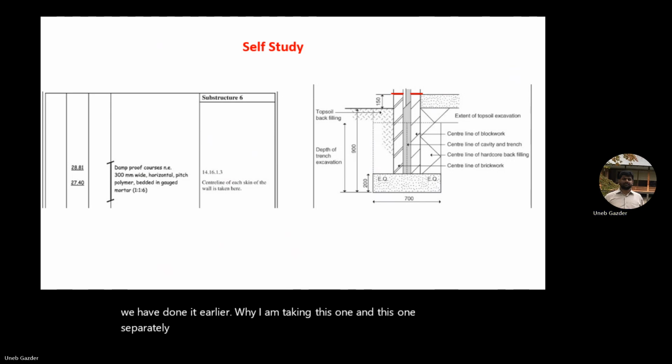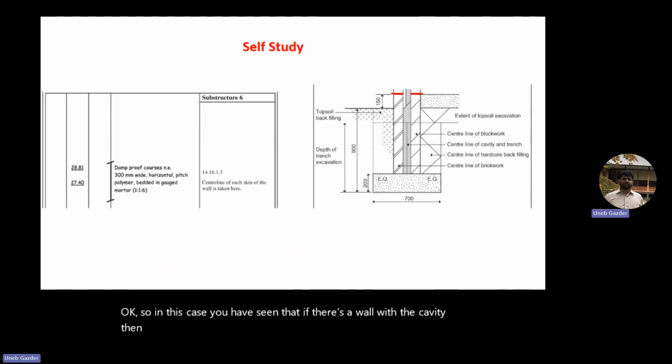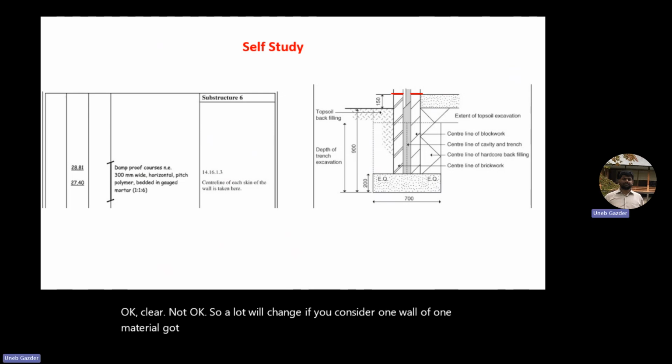Because of the cavity. If there was no cavity, I can make this whole as one. So in this case, if there's a wall with a cavity, then the calculations will be different. The block work is different, the brickwork is different, the cavity is different. Clear or not? A lot will change if you consider one wall of one material. Got it? We'll continue next time, inshallah.